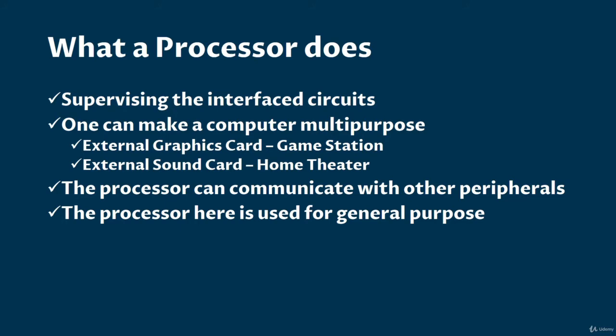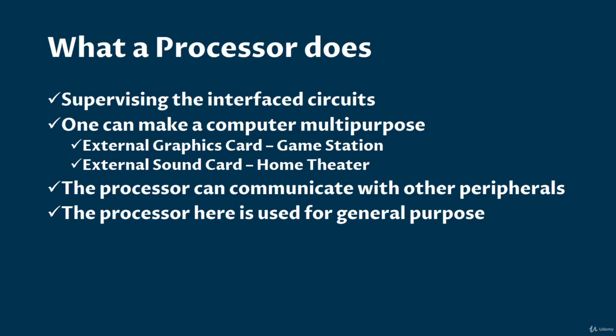Suppose I want to make my computer a home theater unit, then what do I need to do? I need to purchase a sound card. Then the processor can handle the sound card and supervise it to generate different sounds. If I want to make my computer a game station, I need to purchase a graphics card.